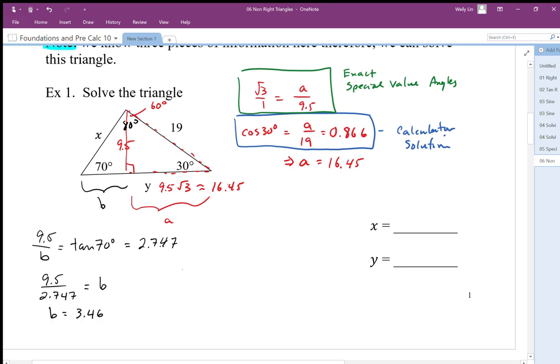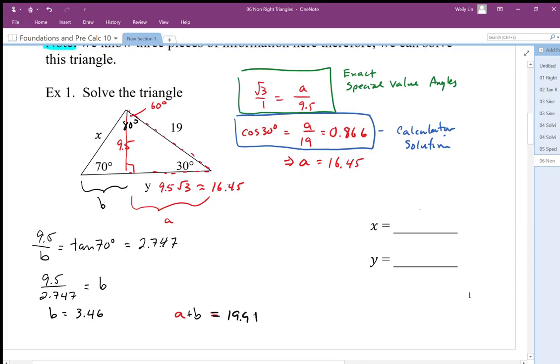So A plus B is going to work out to our length of X. The length of X is going to be equal to 16.45 plus 3.46, which works out to be 19.907, so I'm just going to round that to 19.91.